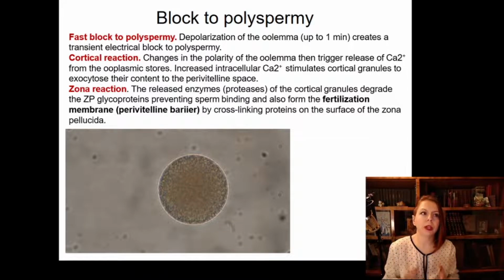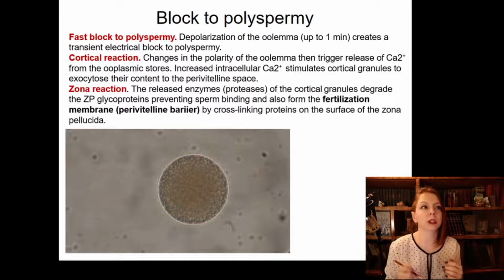Taken together, those three reactions help the oocyte to protect itself from more than one spermatozoon, because to restore the normal number of chromosomes only one spermatozoon is needed. In humans we have a stable number of 46 chromosomes, and the zygote should have 46. In case we have more, such an organism, a polyploid organism, can't develop.